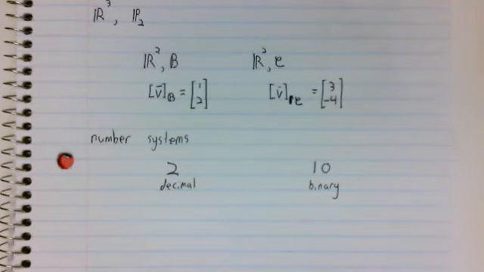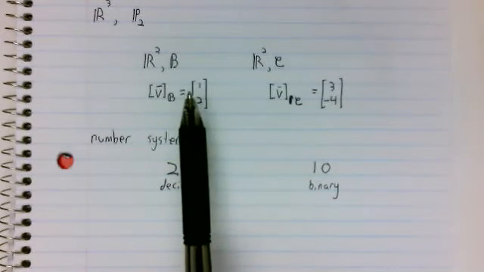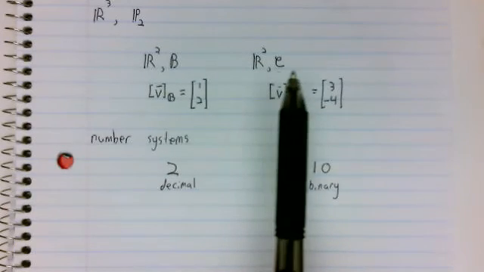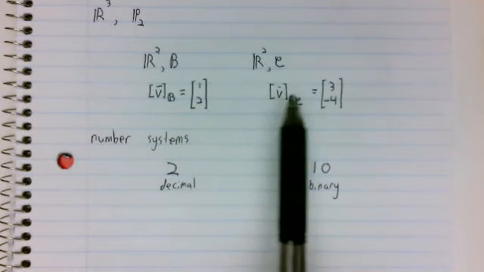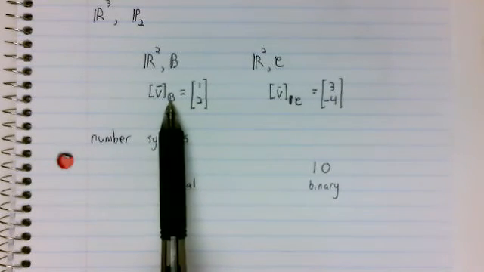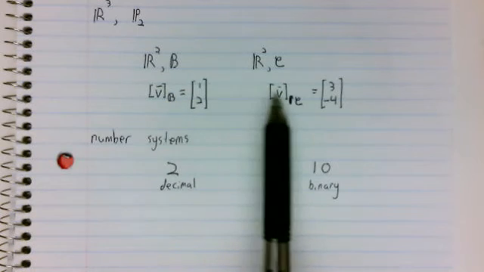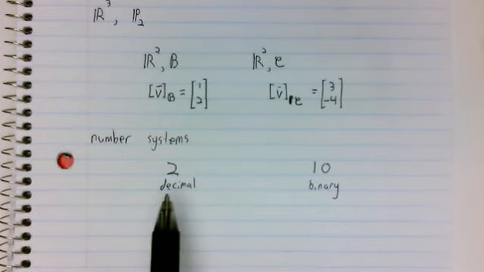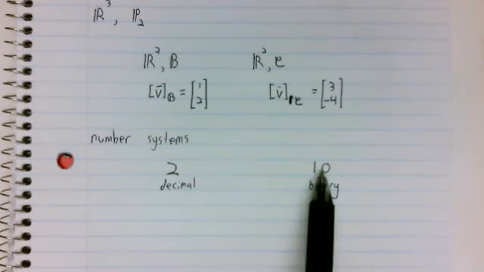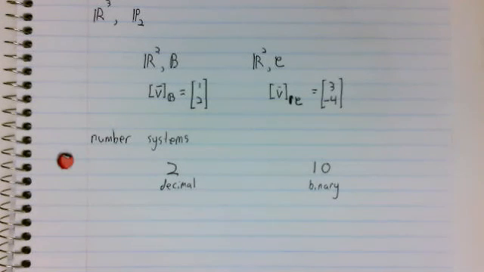All that's changing is the way you choose to express it. And similarly, this vector and this vector are the same vector, being expressed differently depending on the basis, in the same way that 2 can be expressed differently depending on the number system.